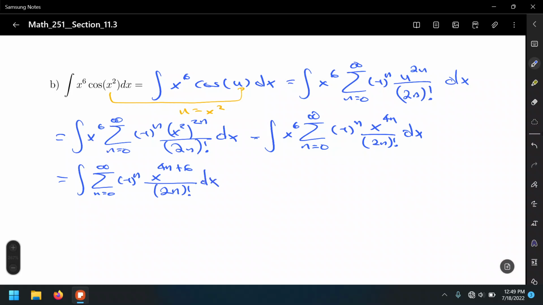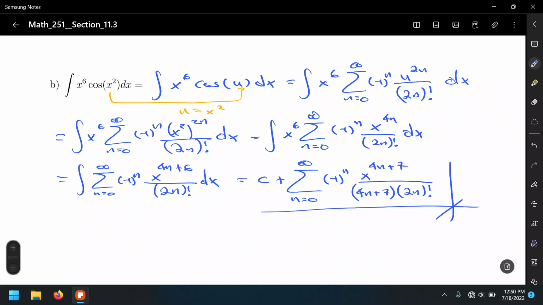So all we have to do is integrate x to the 4n plus 6: add 1 to the exponent to get C plus sigma n equals 0 to infinity, negative 1 to the n, x to the 4n plus 7, divide by that new exponent, 4n plus 7, times 2n factorial. And this is the final answer.